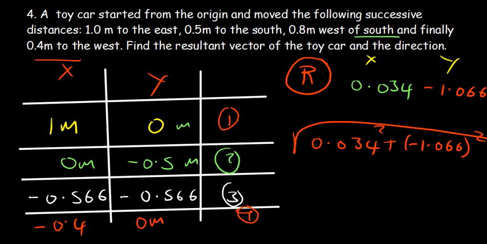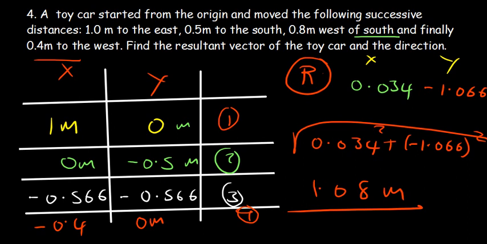Okay, then the root of that. So 0.034 squared plus negative 1.066 squared. Okay, I'm getting 1.08 meters. So that is your resultant there.